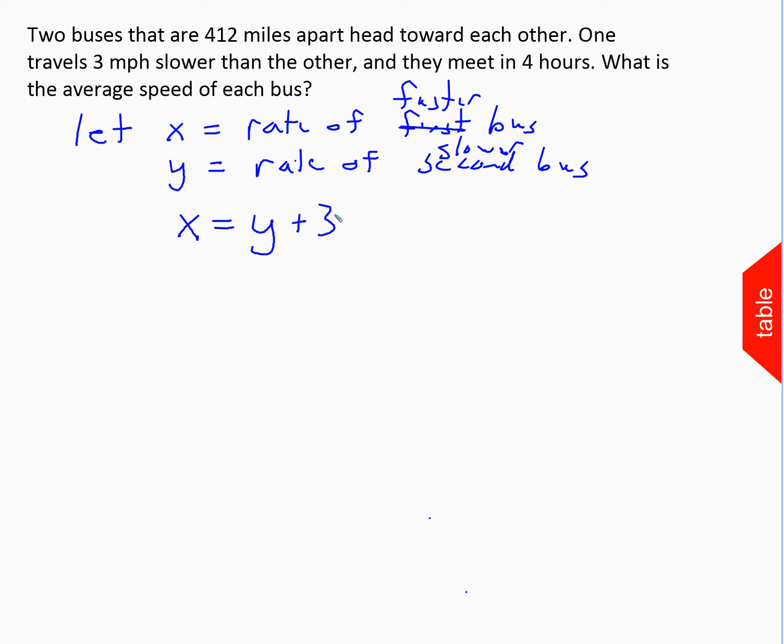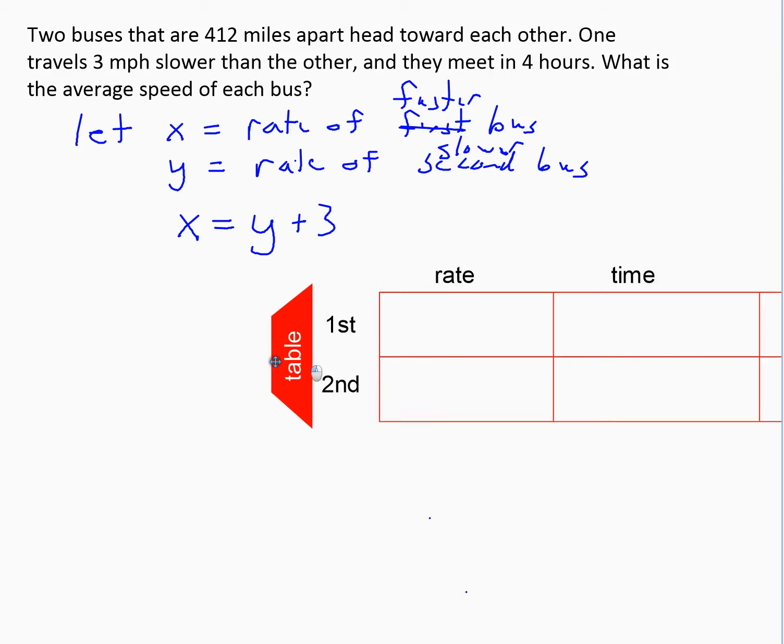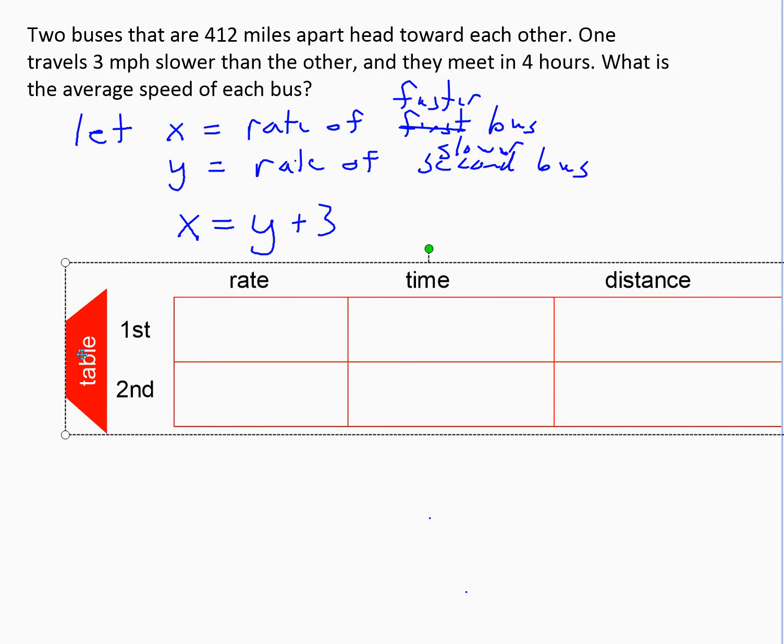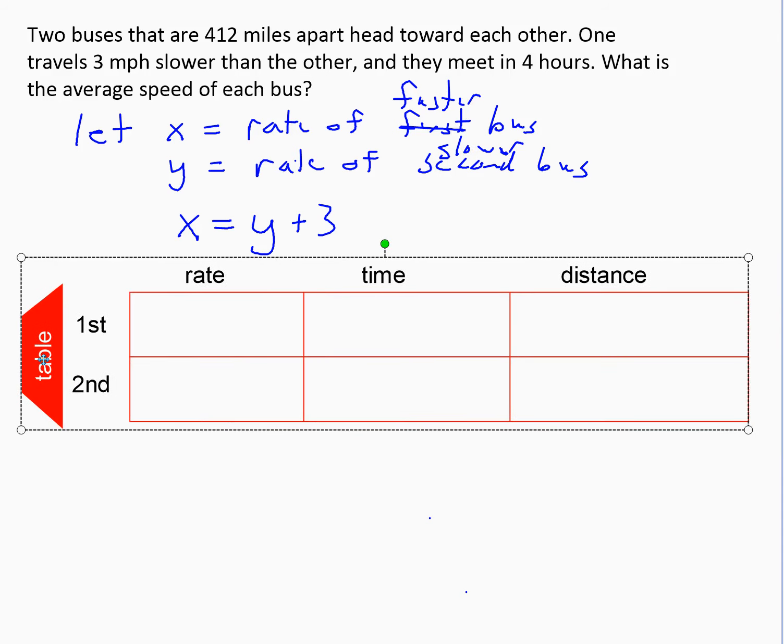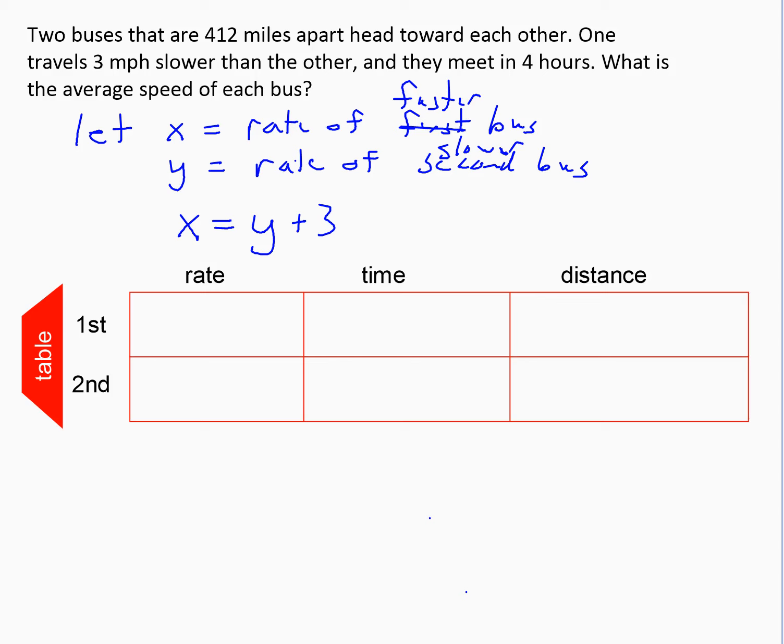Each will work. We are still going to set up a table like we did before. So here I did use first and second, so I didn't have to put faster and slower, but we'll still keep it like this. And we'll fill in our different blanks here. The rate of our first one or our faster one is x, and the rate of our second one is y.